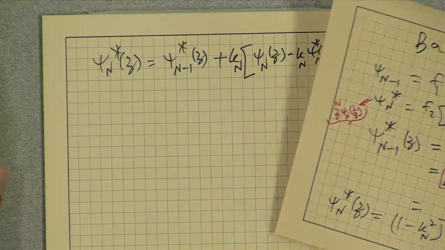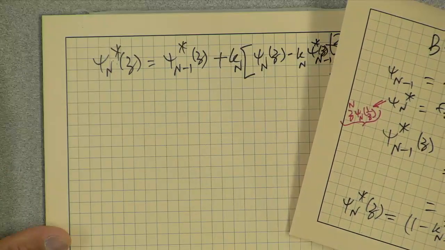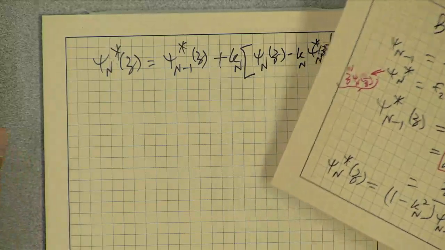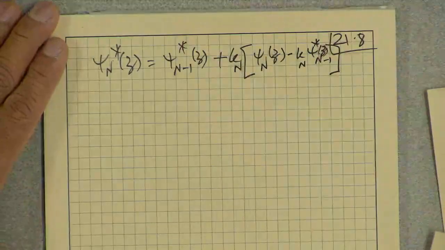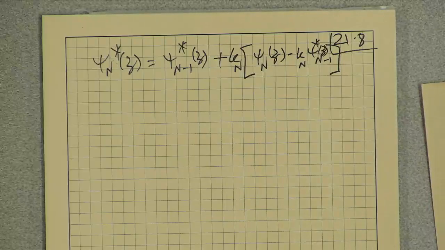And the second, psi n and psi n minus 1 star. Okay, so there is a little bit of arithmetic that we can do. If I go back to the original degree reduction process.